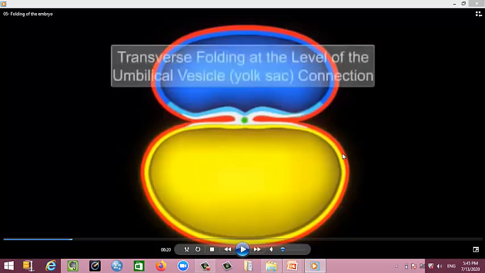Notice how each one of these cavities is lined by what we call extraembryonic mesoderm. And if you follow the lateral plate mesoderm, it's actually continuous with this layer. So you've got this continuous with the amniotic extraembryonic mesoderm, and you've got this one continuous with the yolk sac mesoderm.